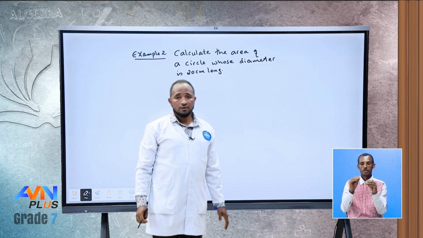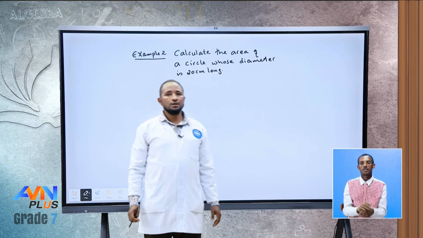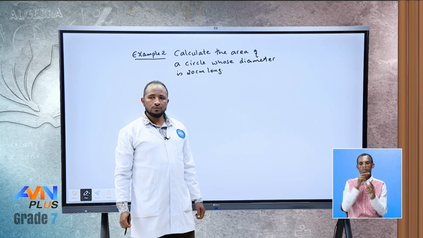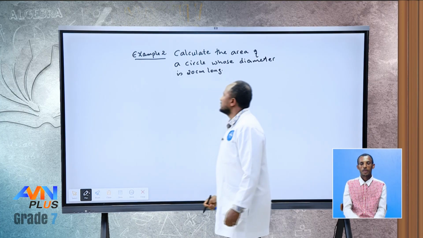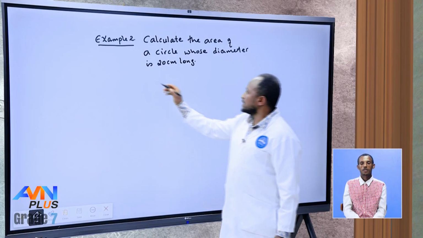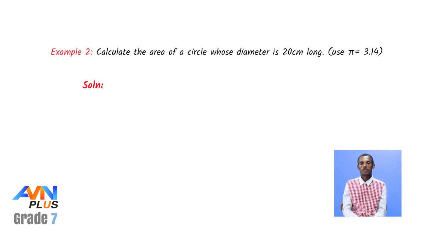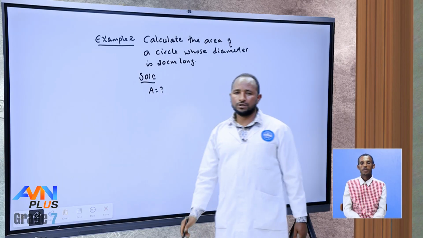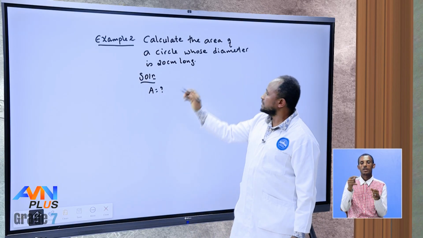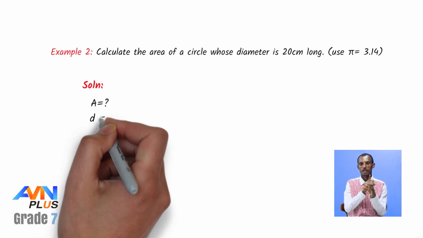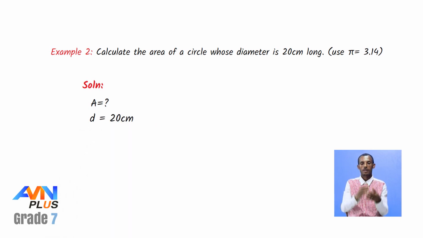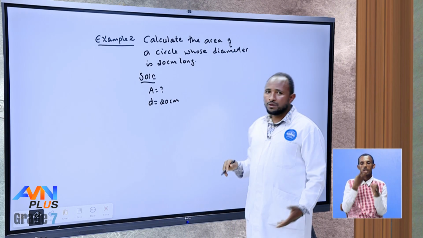Students, have you tried the question? Good. Now let's see the answer together. Here we are asked to calculate the area of the circle, and the diameter is given. The diameter of the circle is 20 centimeter. So we can use either of these equations.